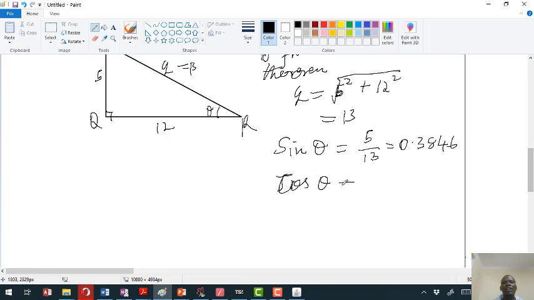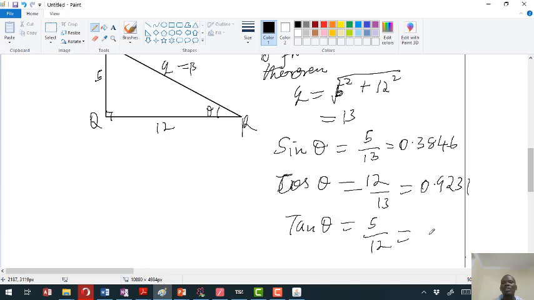Cosine theta is equal to 12 over 13, which gives you what? 0.9231. And then tan theta is equal to opposite, which is 5, all over adjacent 12, giving you what? 0.4167. Okay.